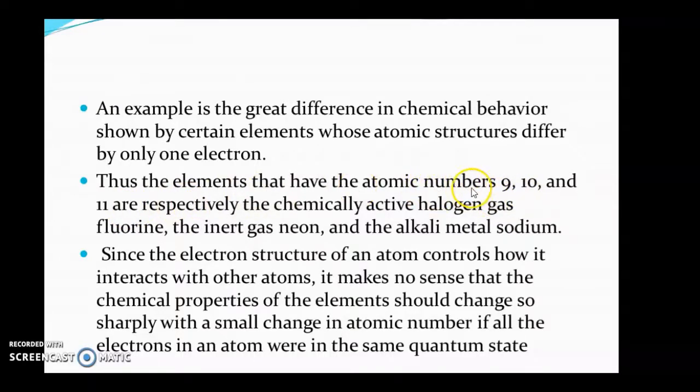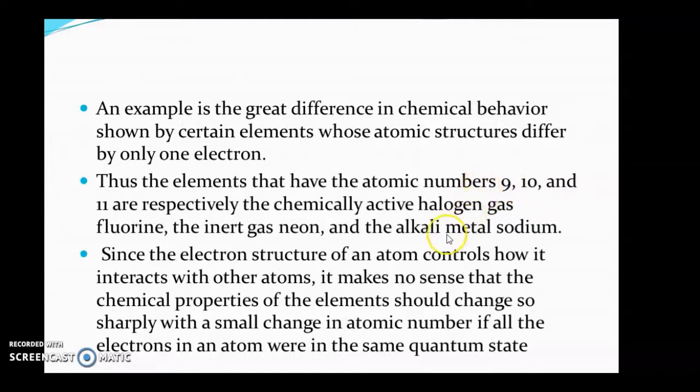The element having atomic number 9 is fluorine, which is a halogen, very chemically active. The element having atomic number 10 is neon, which is an inert gas, not reactive at all. And 11 is sodium, which is an alkali metal. So the chemical properties change very drastically even though the atomic number changes by 1.